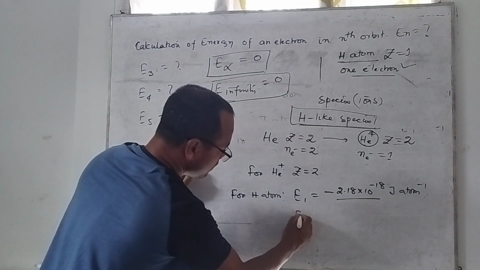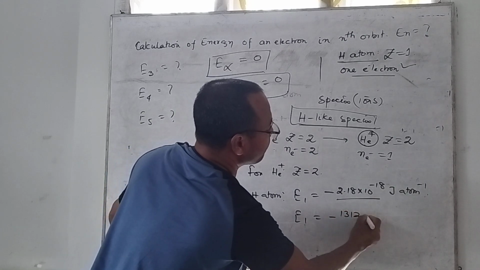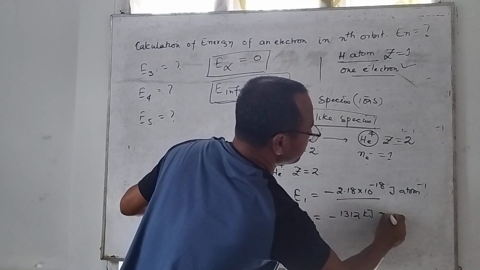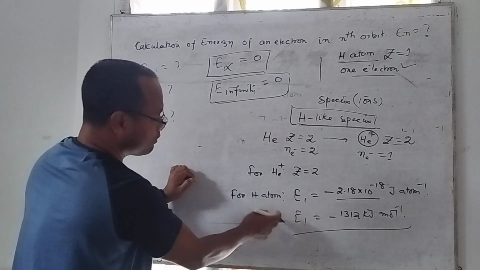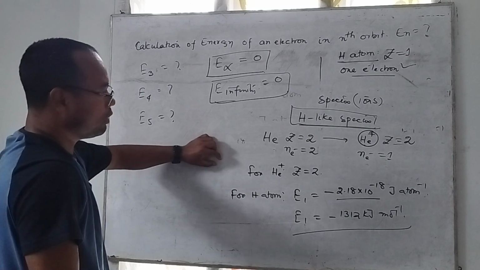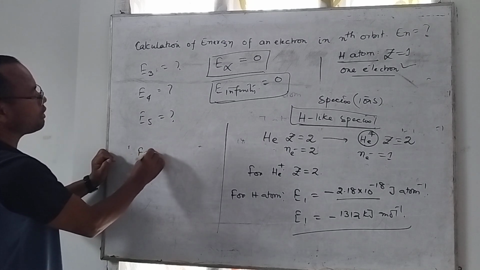But if we calculate in kilojoule per mole, we can find this much value. This is the E1 for the hydrogen atom. But the only difference is here. See, what is the formula? I just remind you. This is the general formula.